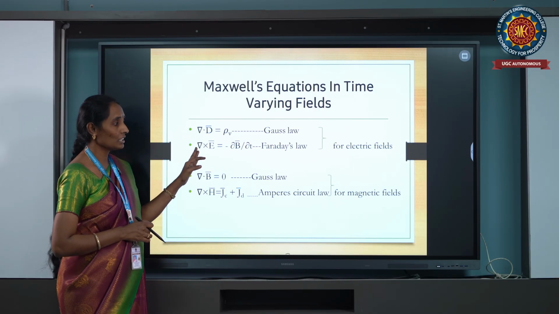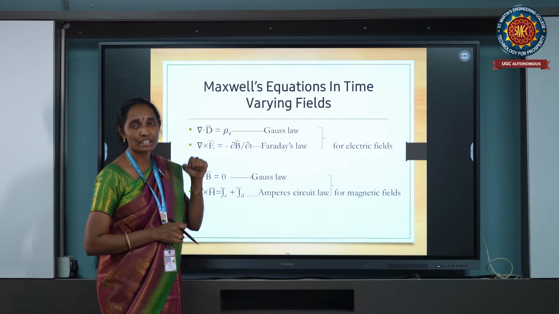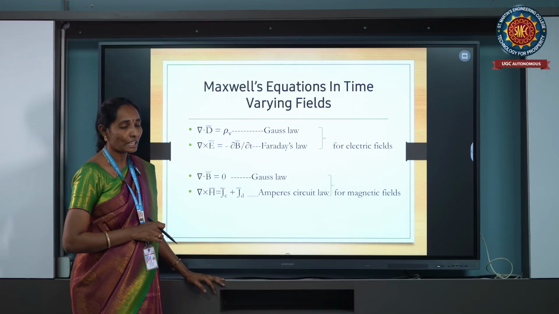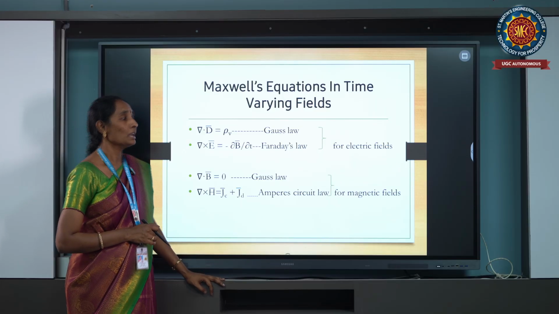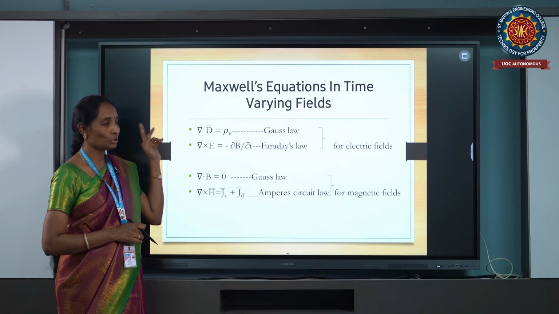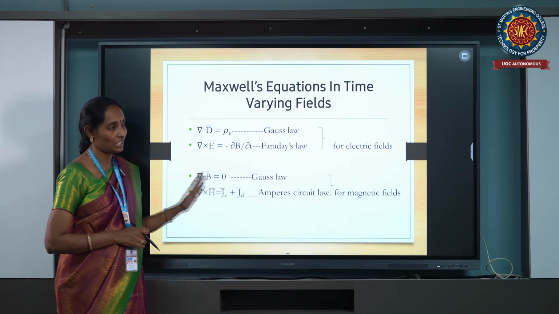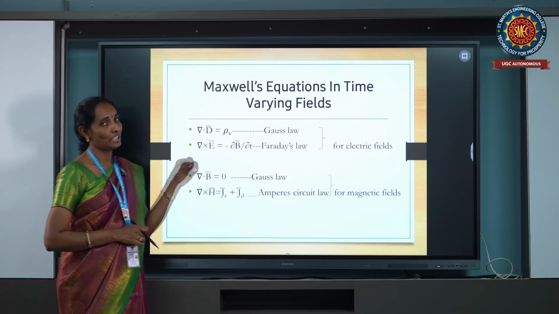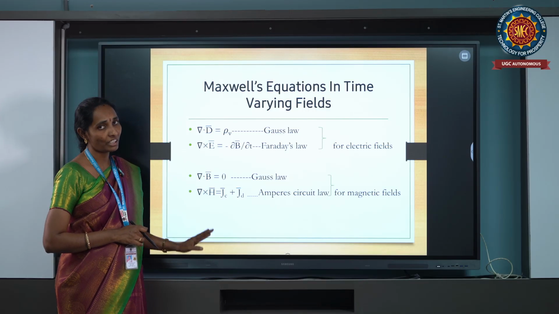The first two Maxwell equations are derived from the time varying electrical field, and the remaining two equations are derived from the time varying magnetic field. But two Maxwell equations do not change, whether in static condition or in time varying condition.